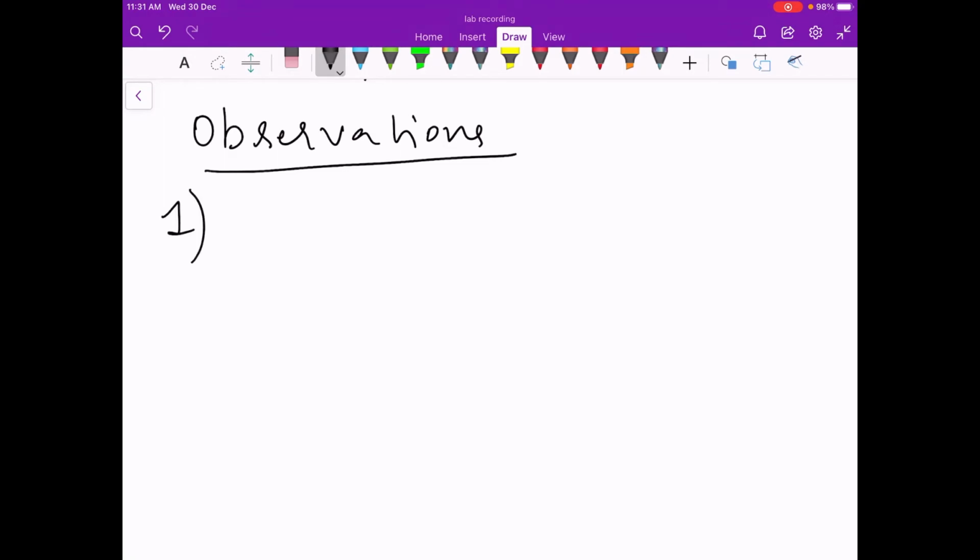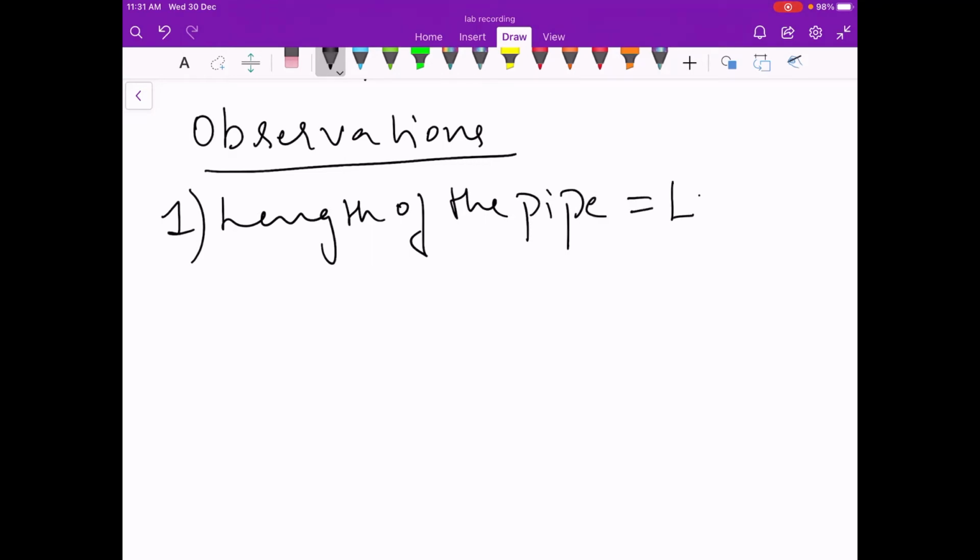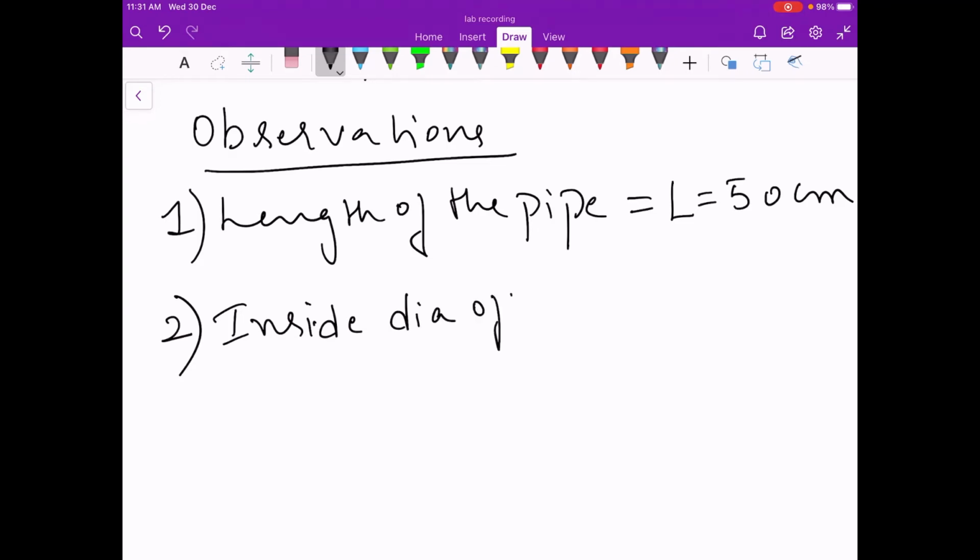Length of the pipe, first one: length of the pipe L is equal to 50 centimeter. And second one, inside diameter of the pipe, D, which is equal to 4.3 centimeter.